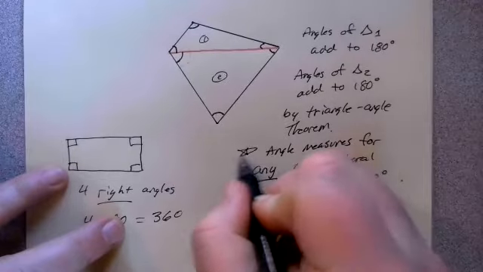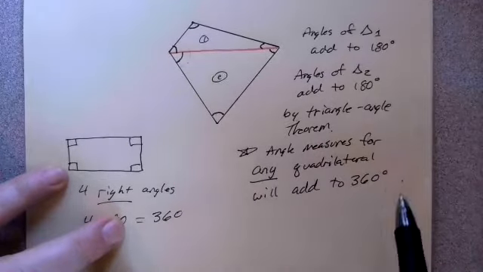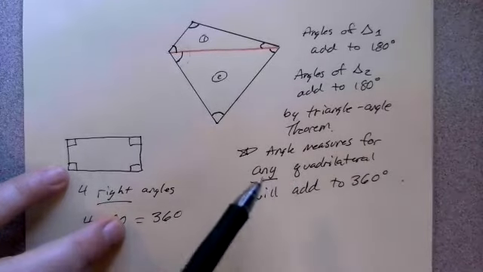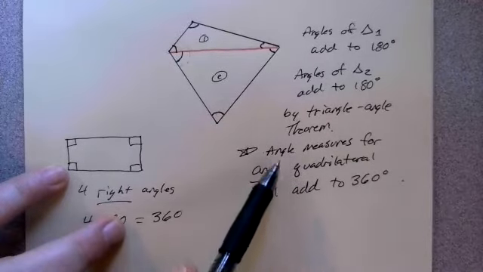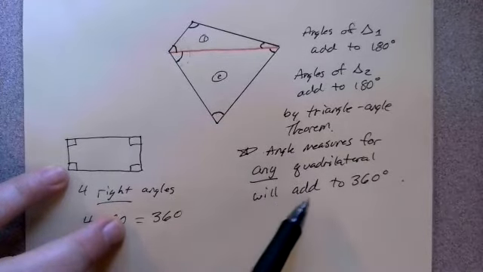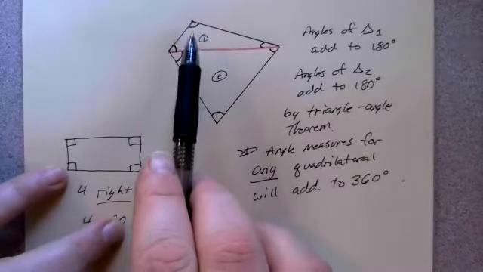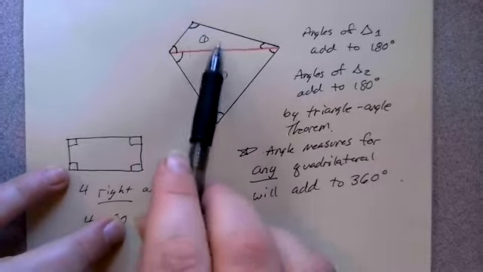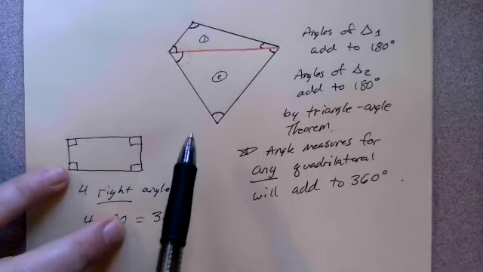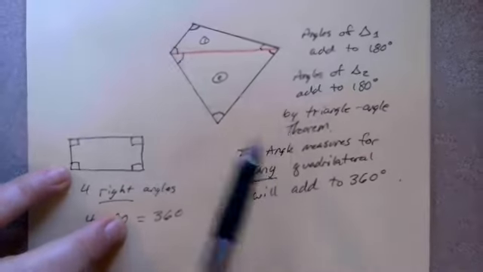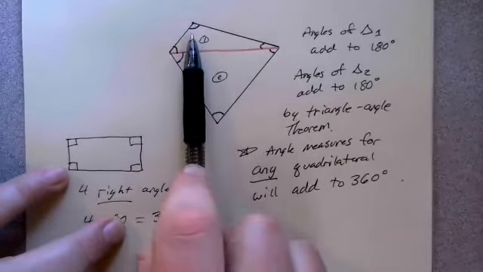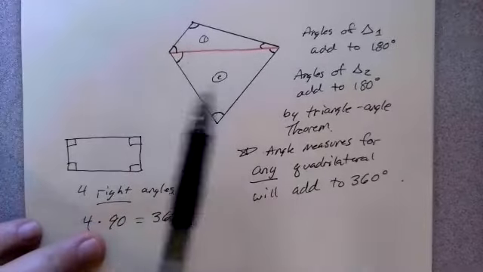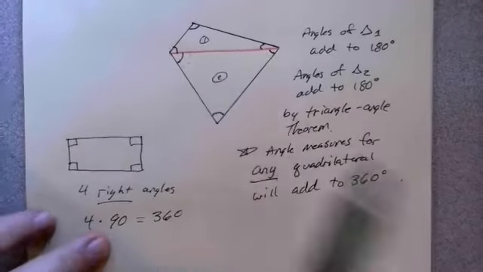So this is the most important thing that we could say about the angle measures of a quadrilateral. The angle measures for any quadrilateral will always add to 360 degrees. And we can prove that by using two different triangles, okay? So any quadrilateral, these four angles are going to add up to 360 degrees.